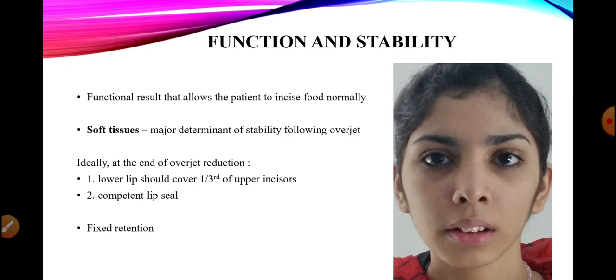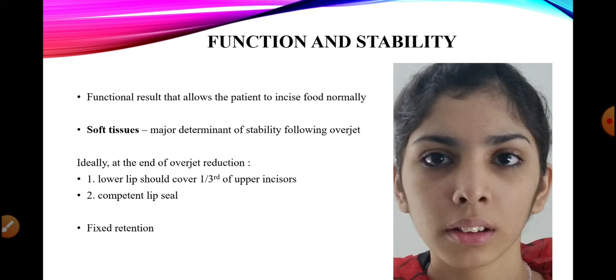Now, talking about the stability of the class 2 division 1 malocclusion, what we want is that the end result of the treatment should be stable. What we have achieved at the end of the treatment, for example, a correct incisor relationship, a correct canine relationship, correction of the overjet or the lip competency, and retroclination of the upper incisors, everything that has been achieved should be stable.